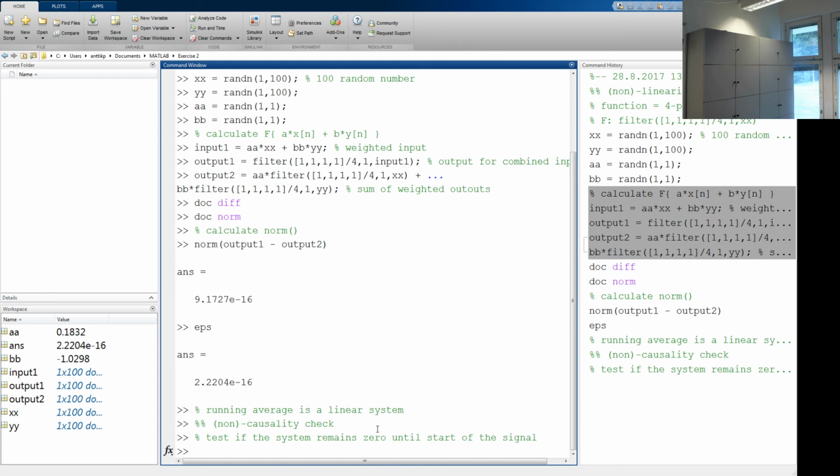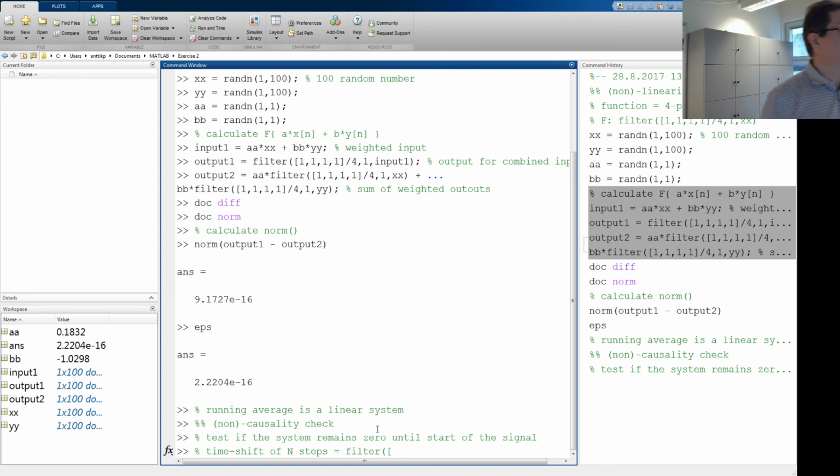How to do time shifting. Basically, a time shift of n steps is the same as a filter.